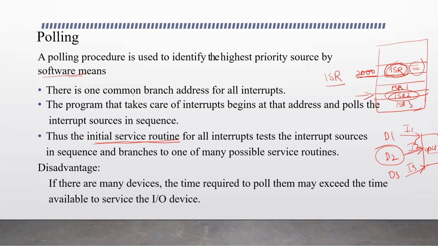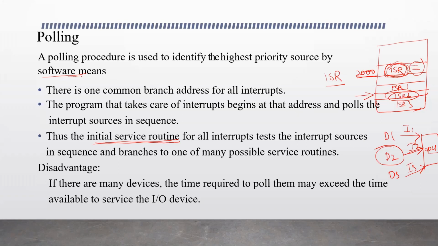Here there is one common branch address for all interrupts. That is the address where this initial service routine is stored. All the interrupts are taken to this routine. The program that takes care of interrupts begins at that address and polls the interrupt sources in sequence.